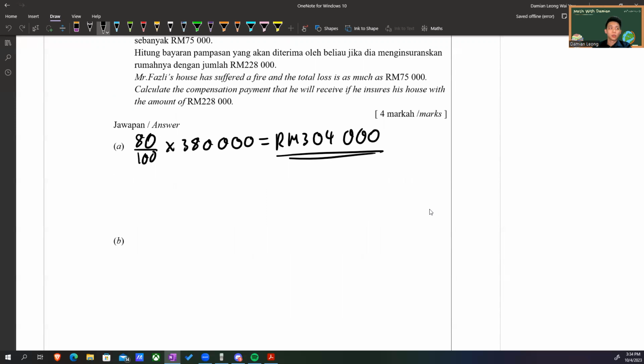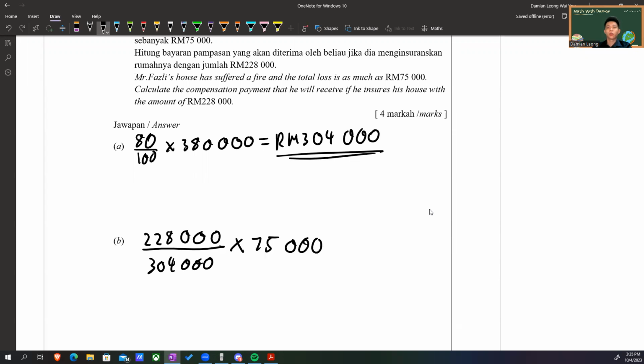I calculate the value he will get insured for, which is 228,000 over the amount he should buy times the amount of loss.